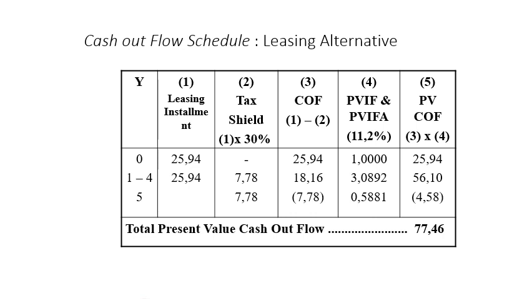Again, this is almost the same as the cash outflow schedule from the loan alternative, but without any kind of interest. If you see here, it's only a tax shield that comes to the leasing alternative. All right, now I start with year 0, then 1 to 4, and then 5.